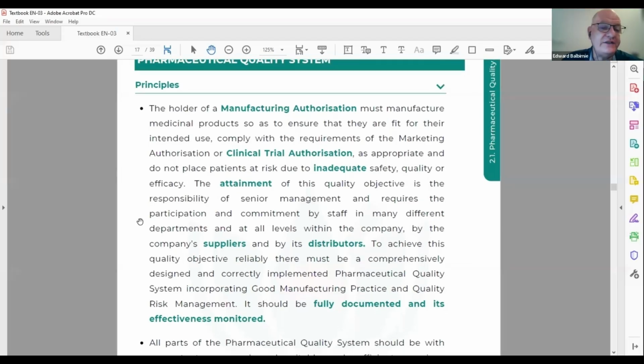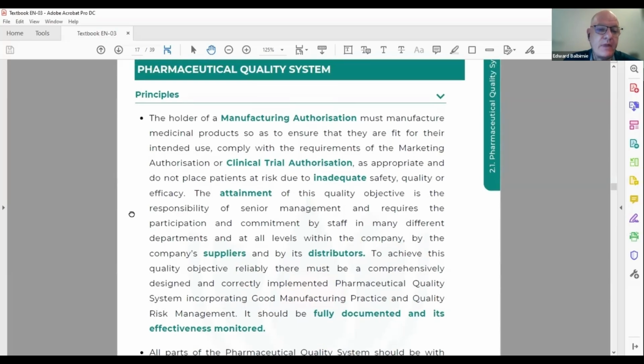Okay, so I guess the first part of the description we call the principles. The principles are mainly the general parts, sort of an overview of the regulations.